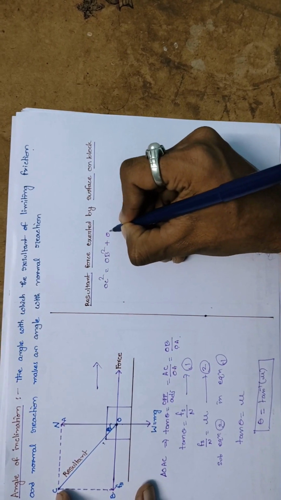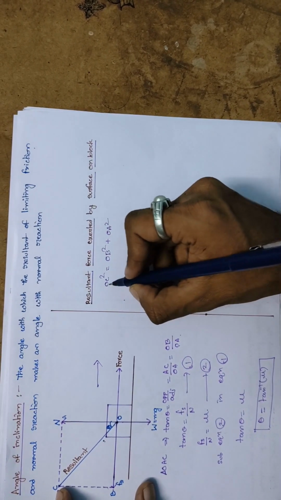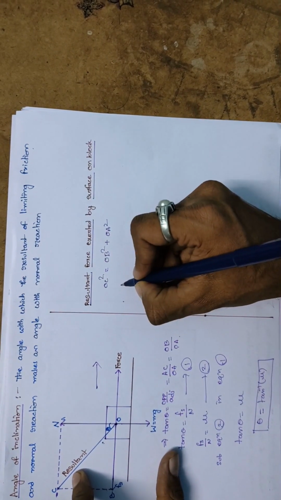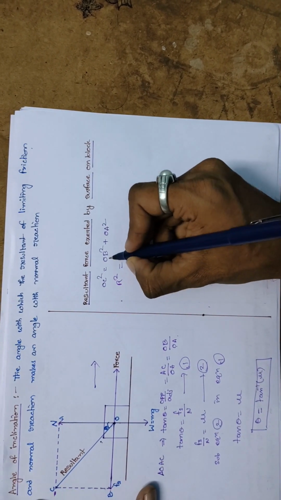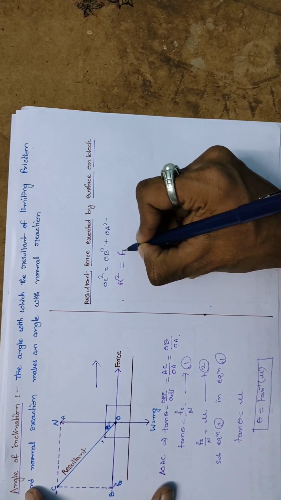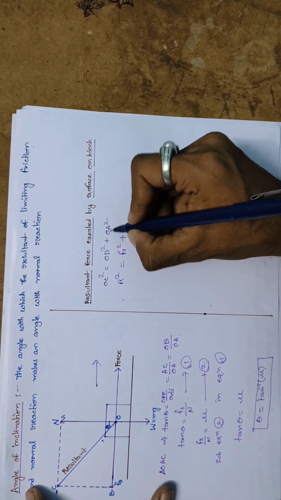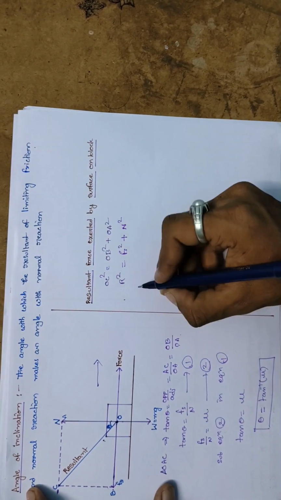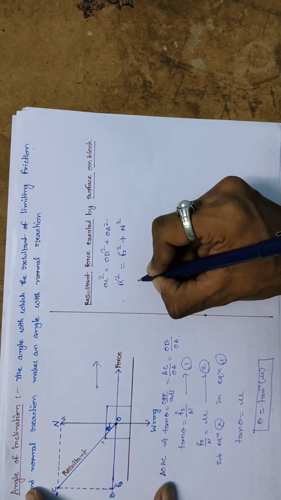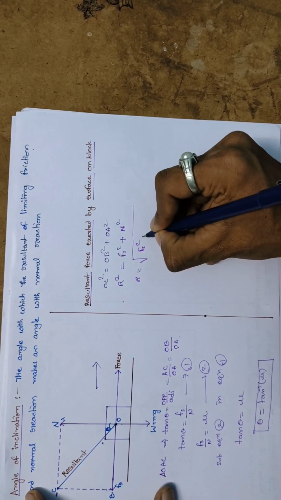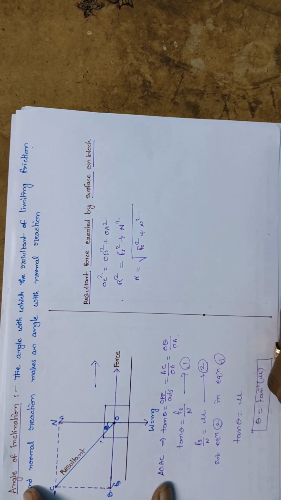OC is nothing but R. So resultant R square is equal to OB square, where OB is Fs, so Fs square, plus OA, which is normal, so N square. Taking the square root, R is equal to under root Fs square plus N square.